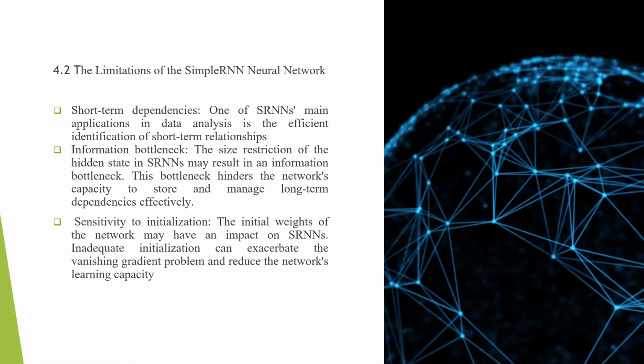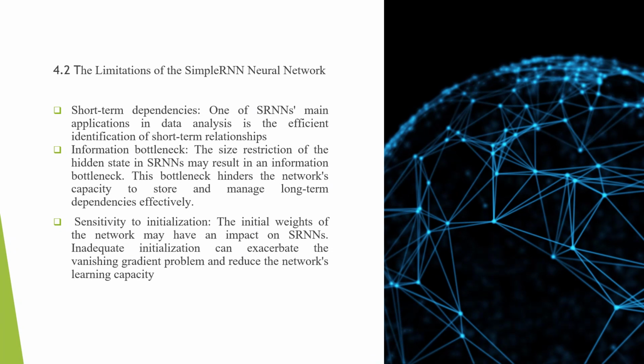Next, information bottleneck. The size restriction of the hidden state in simple recurrent neural networks may result in an information bottleneck. This bottleneck hinders the network's capacity to store and manage long-term dependencies effectively.